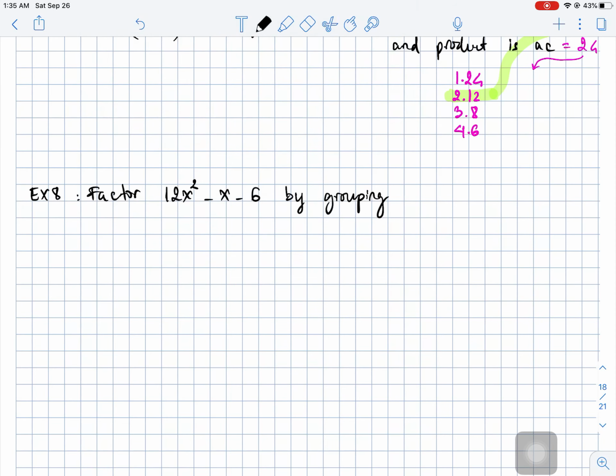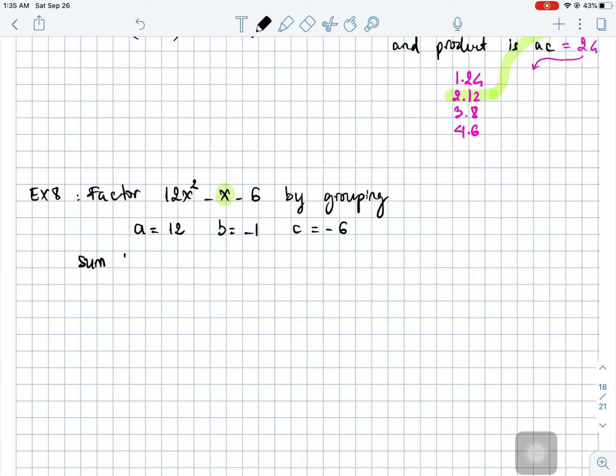Problem 8. We want to factor 12x squared minus x minus 6 by grouping. So we do a similar job as before. The first number A is 12, B is negative 1, and C is negative 6.